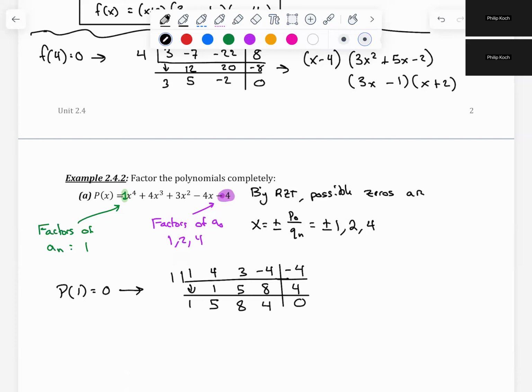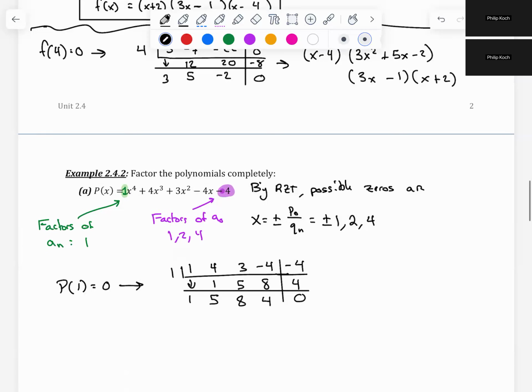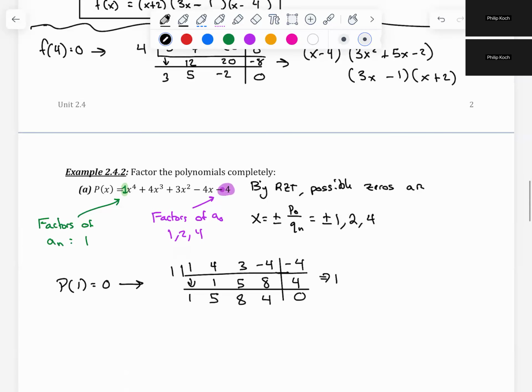In the bottom row, you should get 1, 5, 8, 4, 0, meaning that P of x can now be rewritten as x minus 1 times x cubed plus 5x squared plus 8x plus 4.